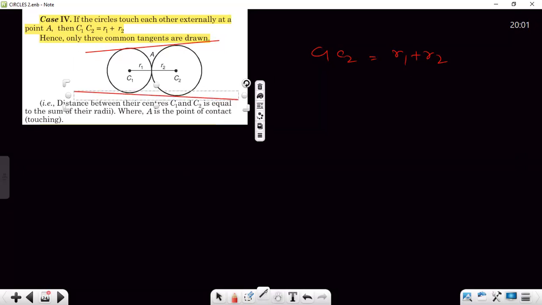Tell me, where should I draw it? This is also a tangent to both of the circles. There can be three common tangents. Two things to remember in the diagram. Understood? Yes, sir.